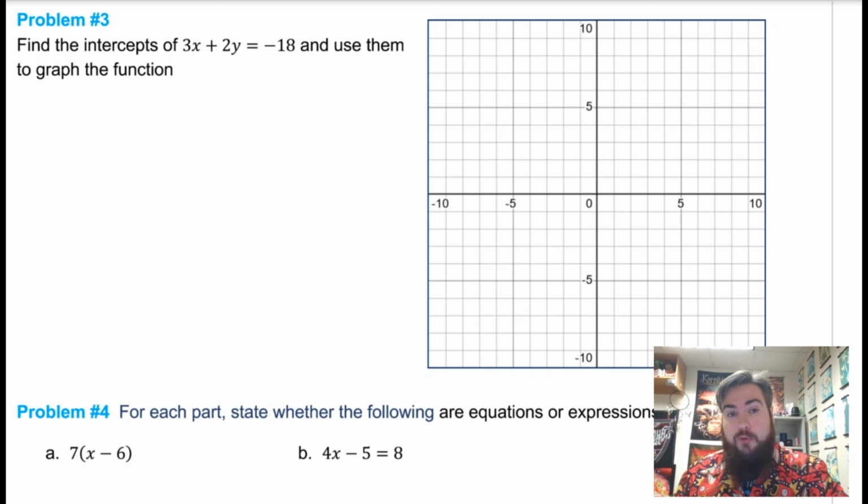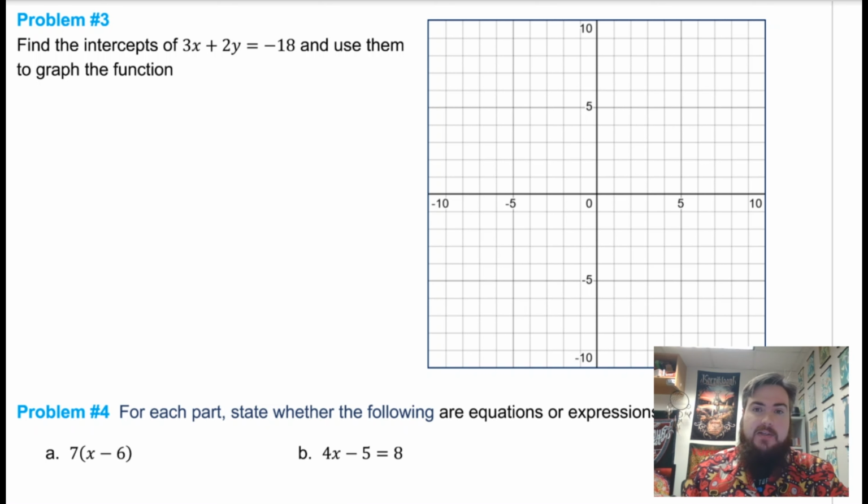Our problem number 3 here says, find the intercepts of 3x plus 2y equals negative 18 and use them to graph the function. As we talked about in a previous video, the intercepts refer to the places where the line intersects or goes through the x and y axes.